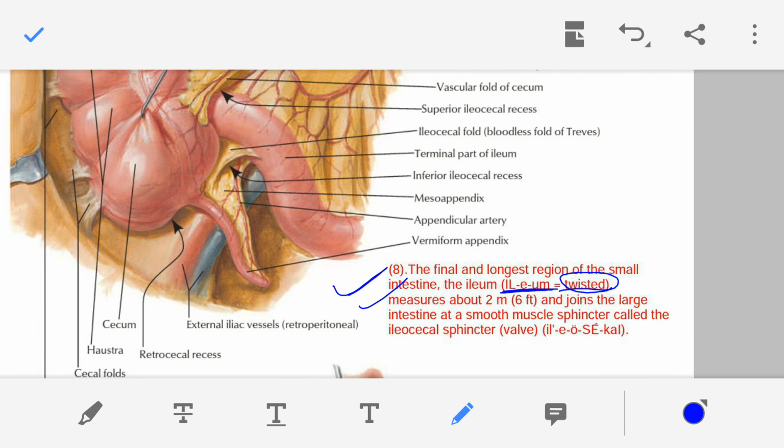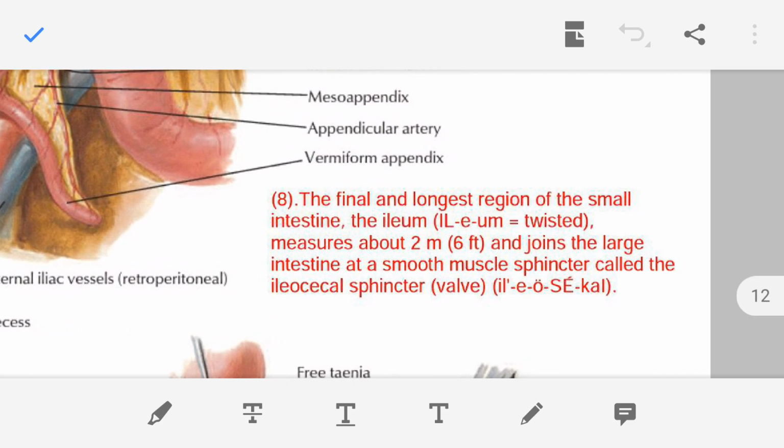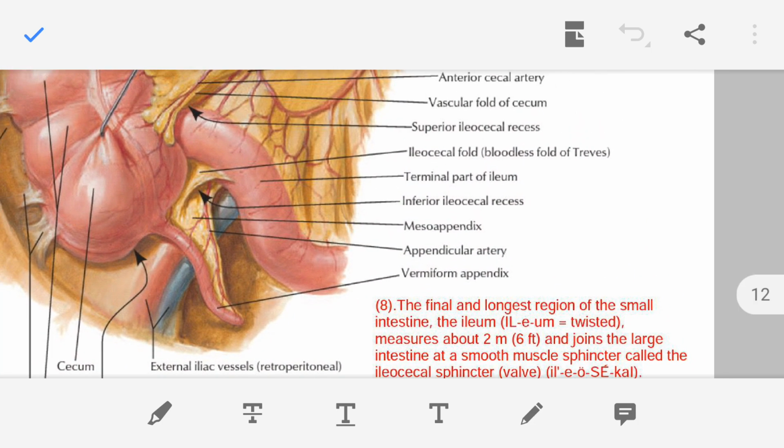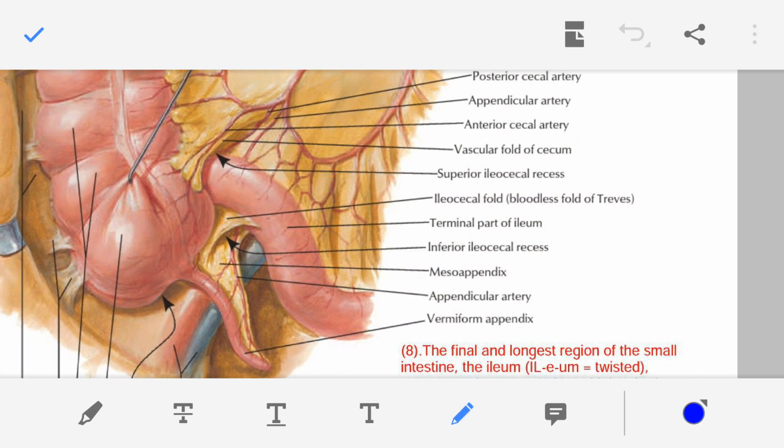The length of the ileum is 6 feet, 2 meters. And finally this ileum joins the large intestine. Here you can see the terminal portion of the ileum, and this one is the large intestine. So the ileum is opening into the large intestine.